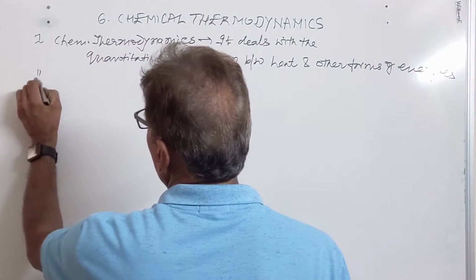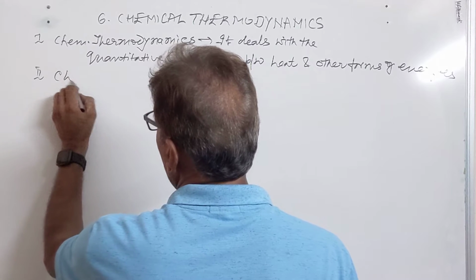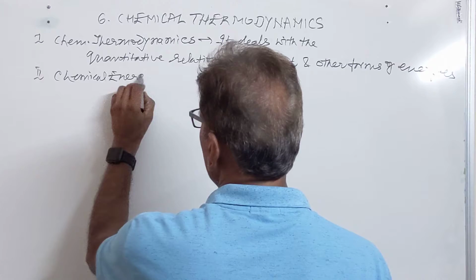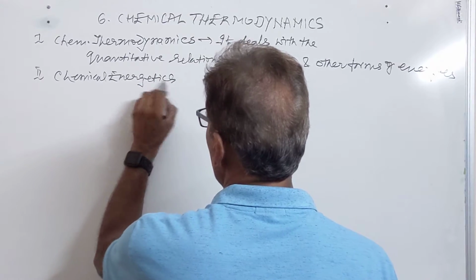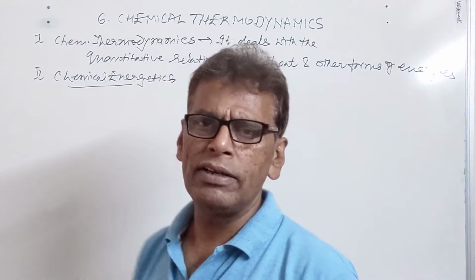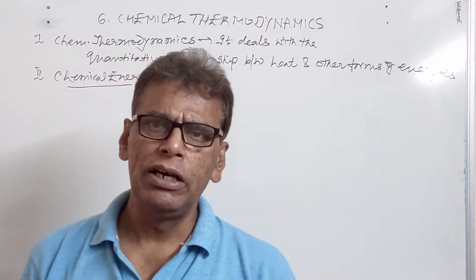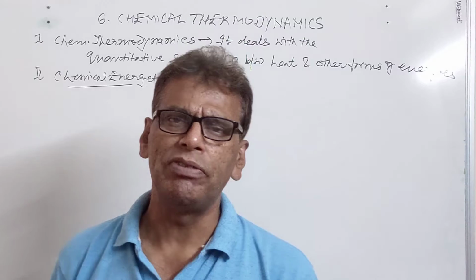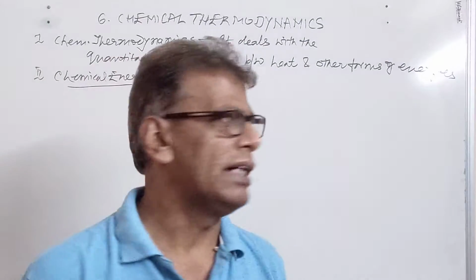Then we have the next definition, that is chemical energetics. So chemical energetics, it is the branch of chemistry which deals with the study of energy changes accompanying different physical or chemical process.